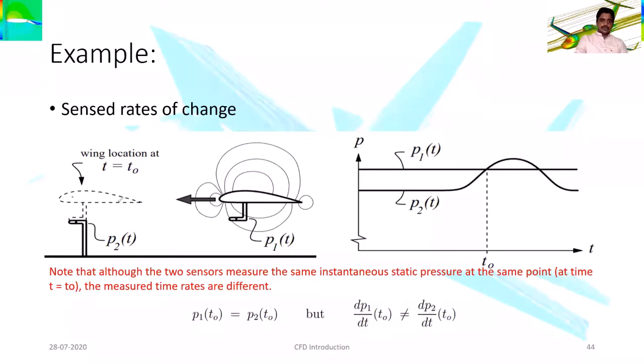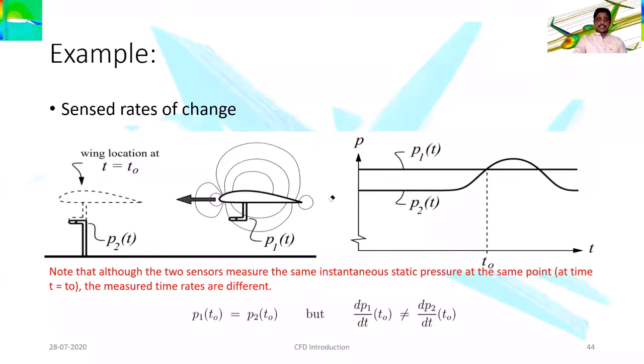So when this wing location moves and exactly matches this particular location, that is P1 of t, the pressure measured on this particular port 1 at the time variable. You see it is fixed with respect to time. On the horizontal scale I have kept time, and on the vertical scale pressure.